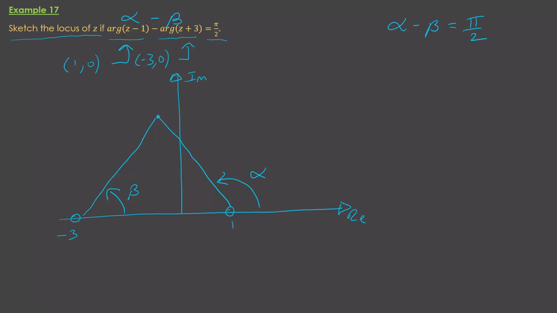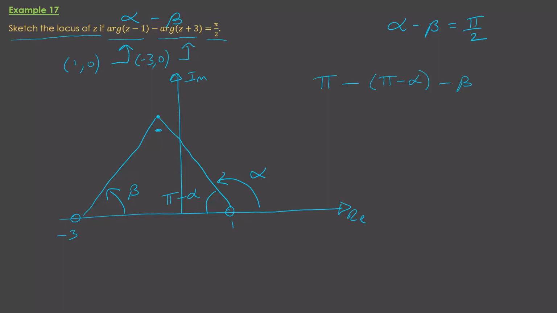Okay, so let's consider this angle up here in this triangle. This angle here would be π minus alpha. The angle then at the top is going to be π, take away the other two angles, so take away π minus alpha, take away beta.